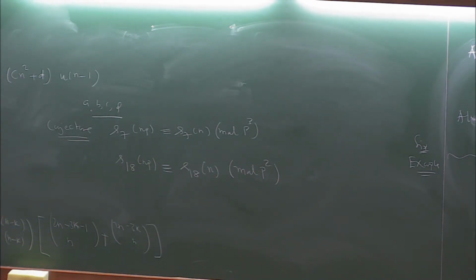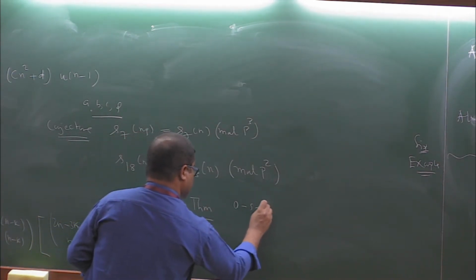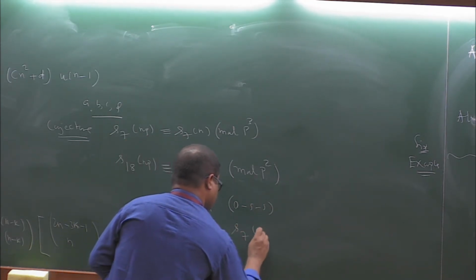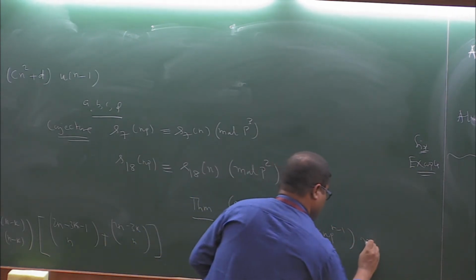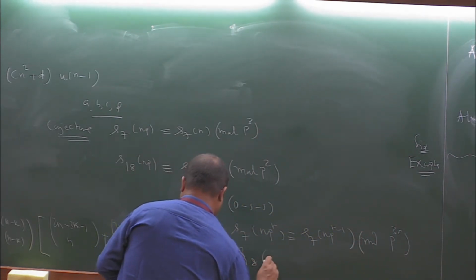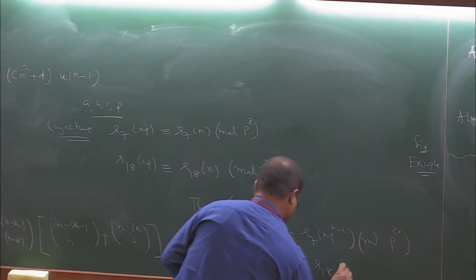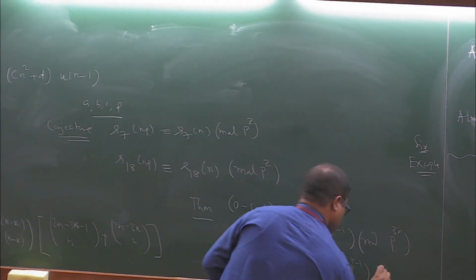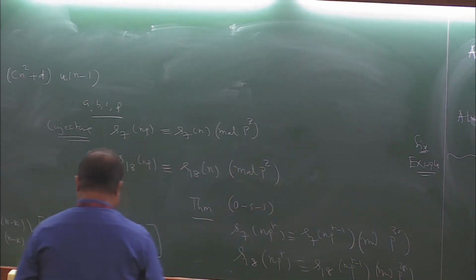Using the Coster method and some more combinatorial tools, we were able to prove this in a more general setup, namely that S7(np^r) is congruent to S7(np^(r-1)) modulo p to the power 3r for p prime bigger than 5, and similarly this is true for S18(np^r) and S18(np^(r-1)) modulo p to the power 2r. This proves the observations made by Cooper.